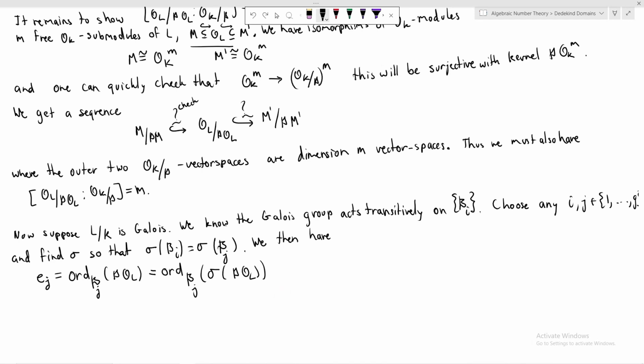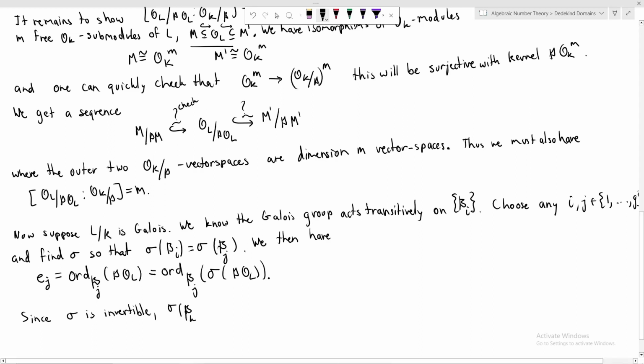If we think about trying to compute this, let's think about the different ways that we could get a P sub j in sigma of p O sub L. Well, since sigma is an invertible map on L, sigma of P sub k is going to equal P sub j if and only if k is equal to i.